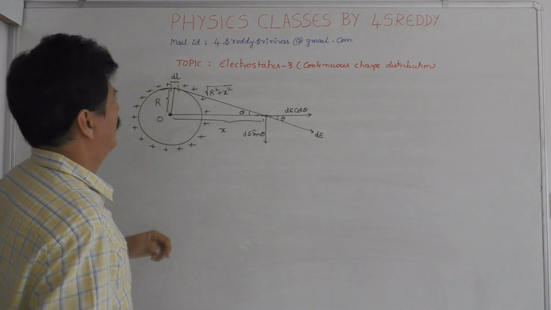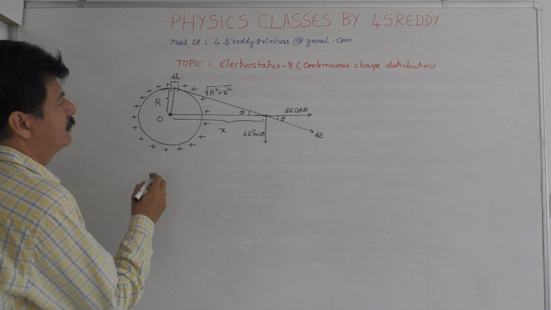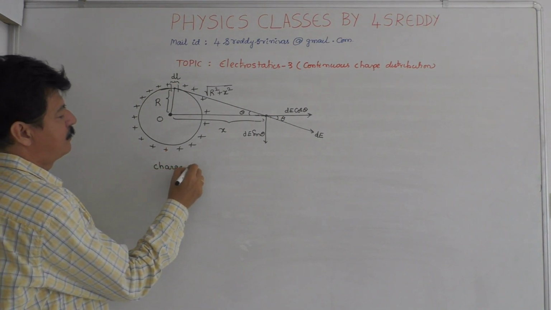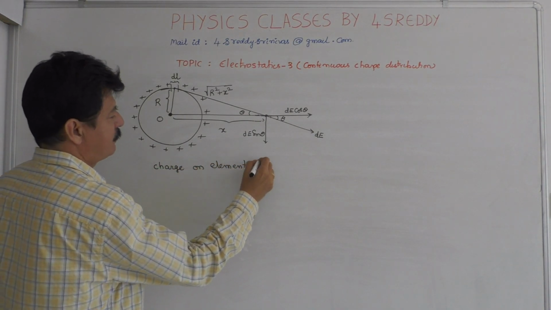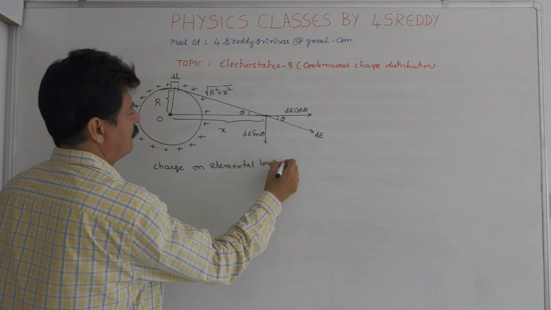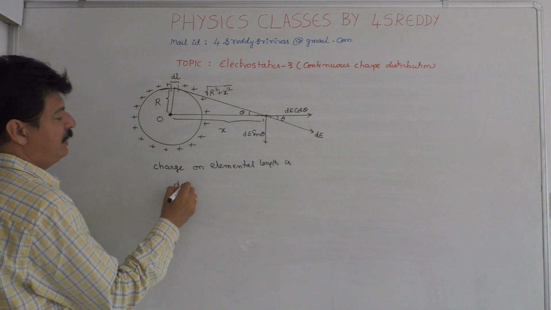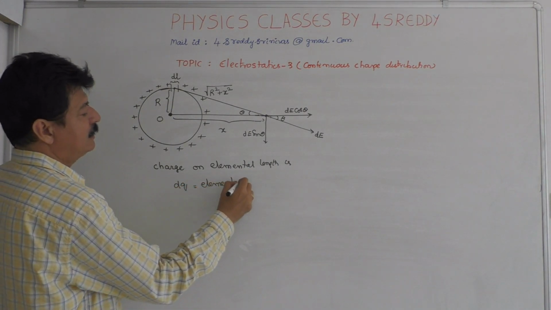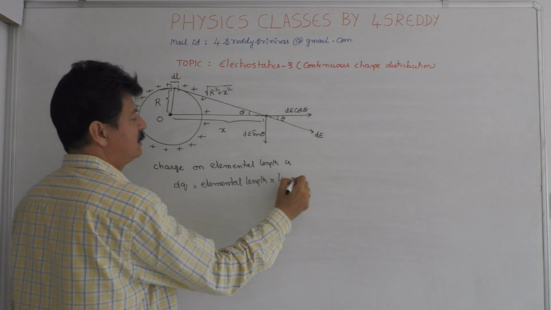Once you got the idea of this, first of all the charge on the elemental length is given by dq, which is nothing but elemental length into linear charge density.